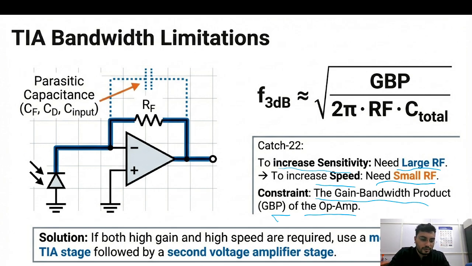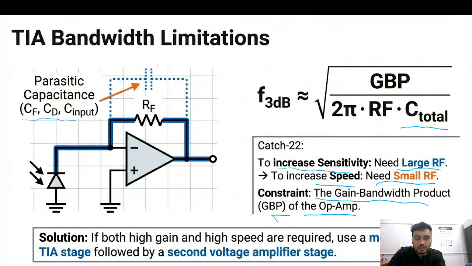Okay, so if you are introducing capacitance here, it's like a limitation: it will decrease the bandwidth the more capacitance you add, but the gain will be increased.